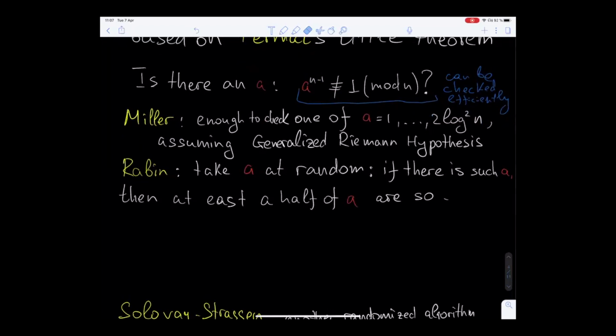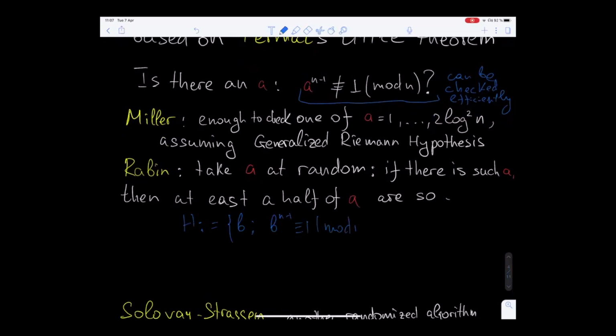Because all the numbers that satisfy that their n-1th power is 1 mod n, this set H is a subgroup of Zn star.